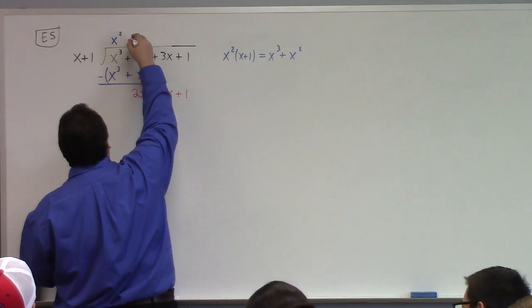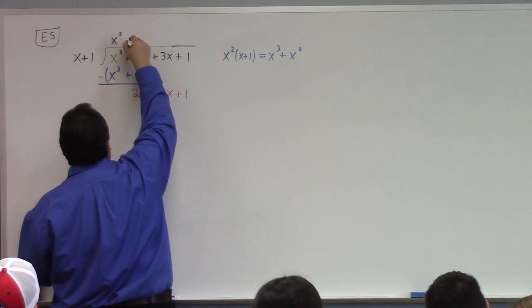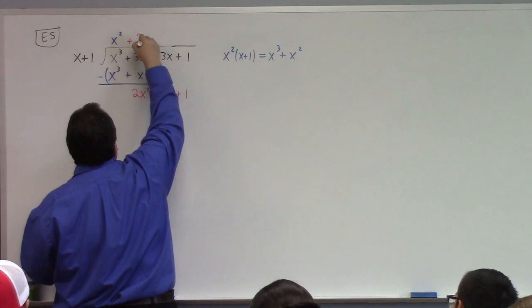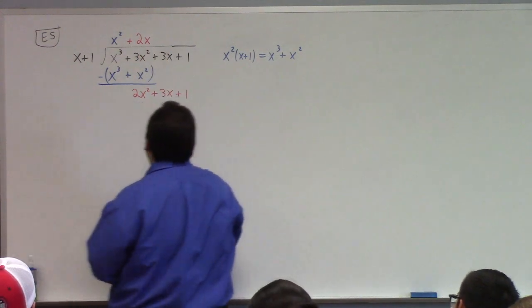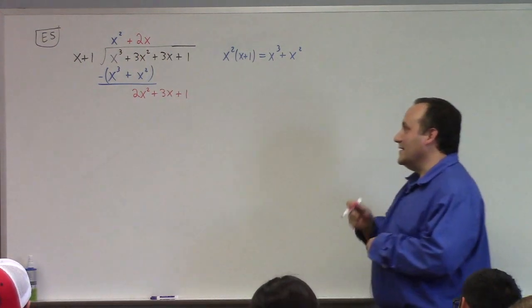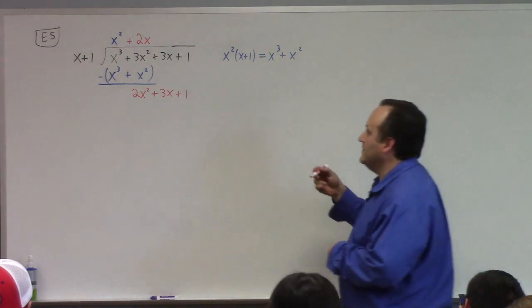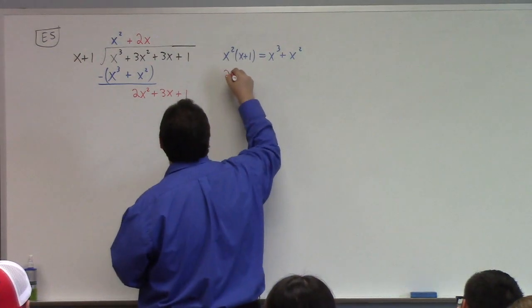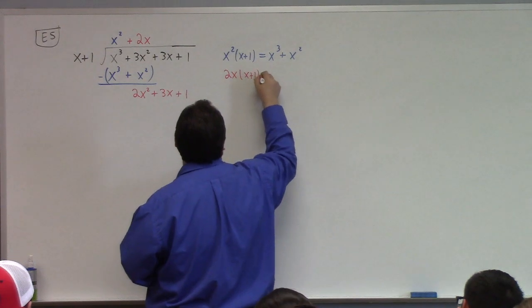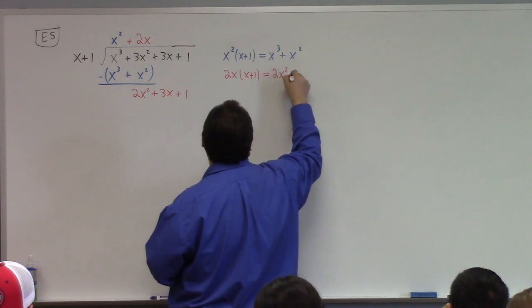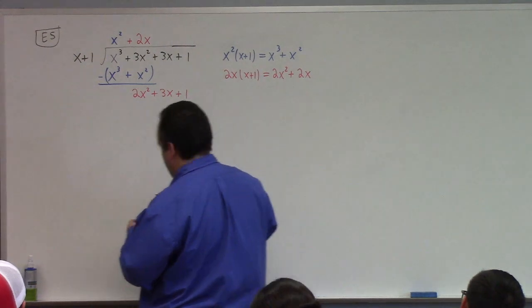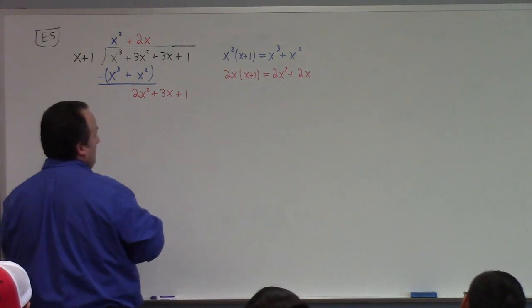I will take your 2x, yes, 2x will do. So plus 2x is what we want here. Now, what is 2x times x plus 1? 2x squared plus 2x. Right.